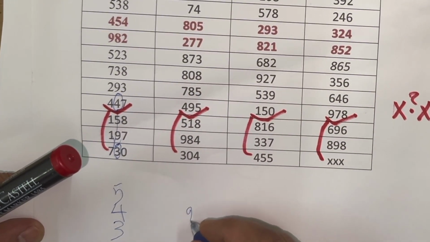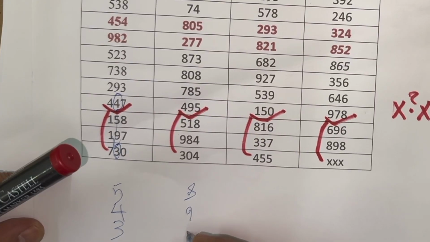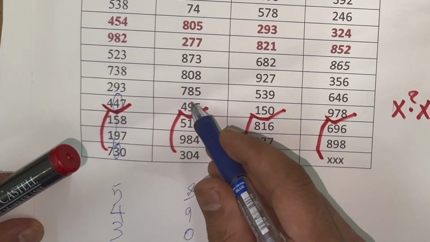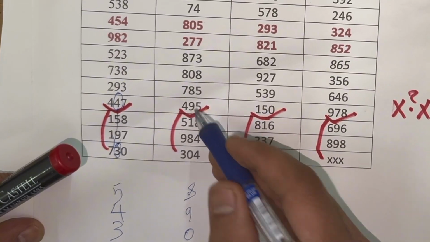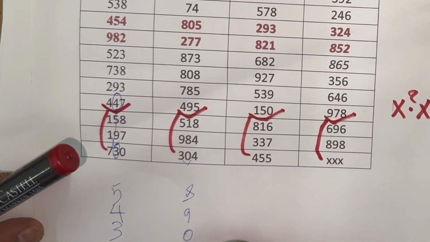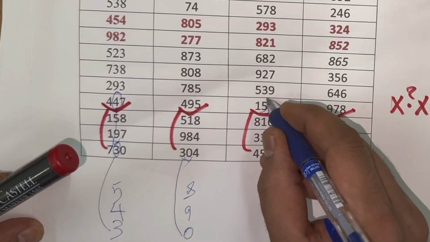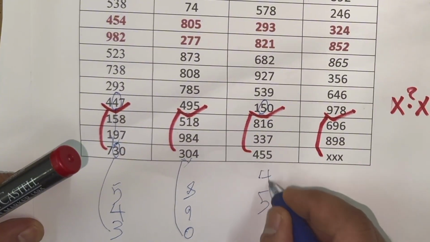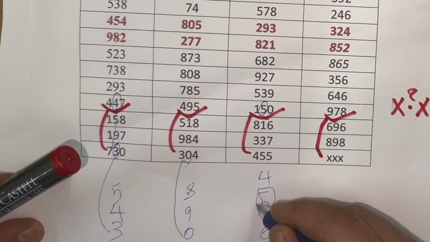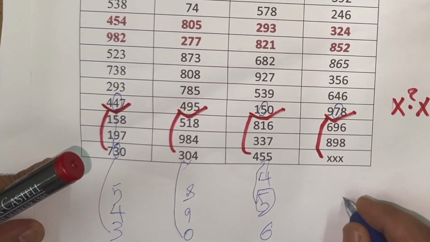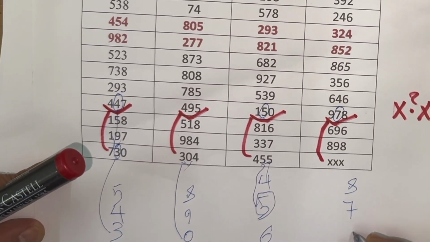Here 9, so if we write 9, you have 8 and 10. So 9 plus 1 and minus 1 or 9 itself. So 0 pass, as you can see here. 0 pass here, 3 pass. For this one we have 5, 4 and 6. So 5 pass. And for the coming draw we have 7 here. So 7, 8 and 6.